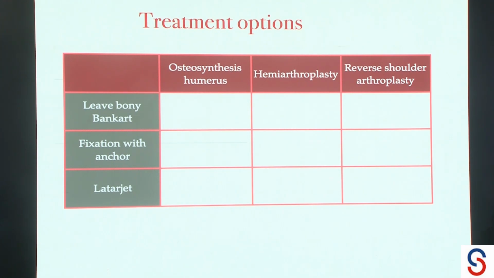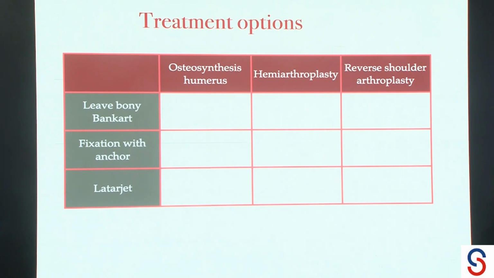Then we go for hemiarthroplasty. If we do hemiarthroplasty and leave the bony Bankart, then we know very well that hemiarthroplasty with instability is one of the worst complications and definitely needs a revision surgery.